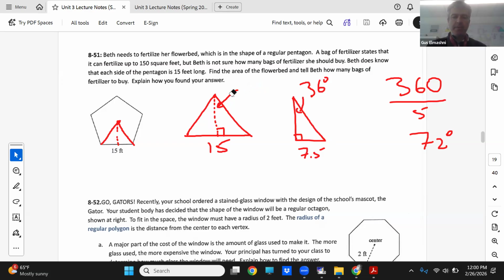Actually, let me change this up a little bit. That's 72, half of 72 is 36. The height. How do I solve for the height? Tangent. Right. And notice that instead of the radius or the height, now I'm giving the base. So I'm giving all these different things here. Solve for h.